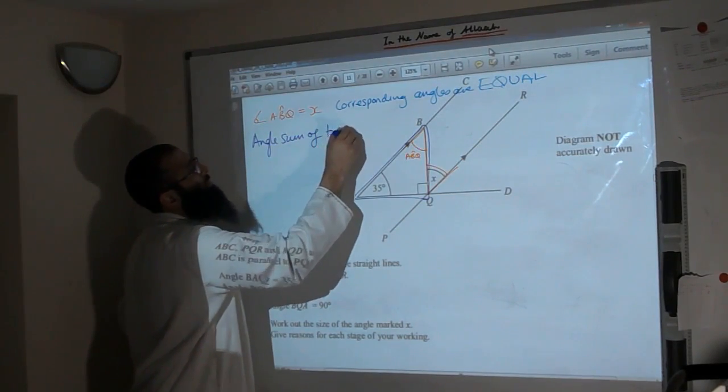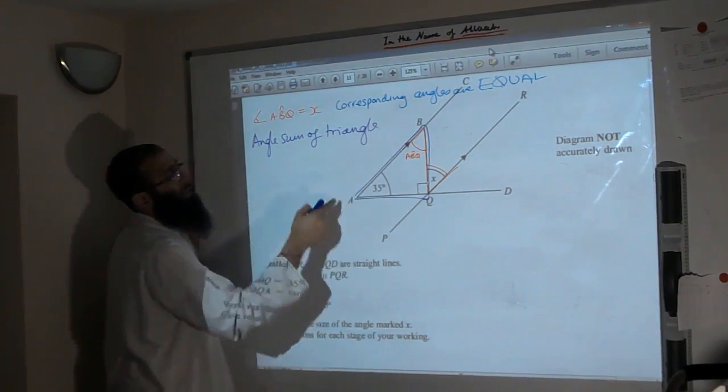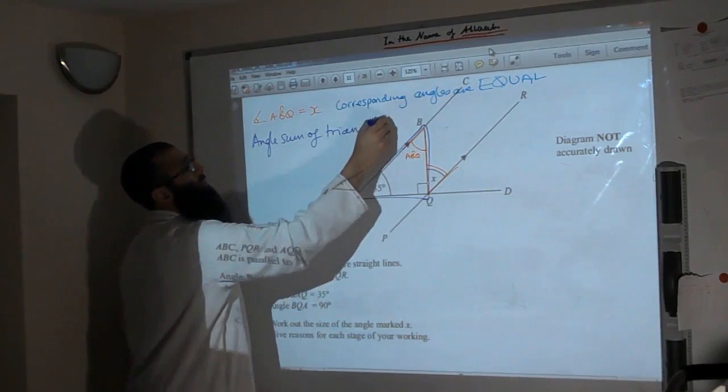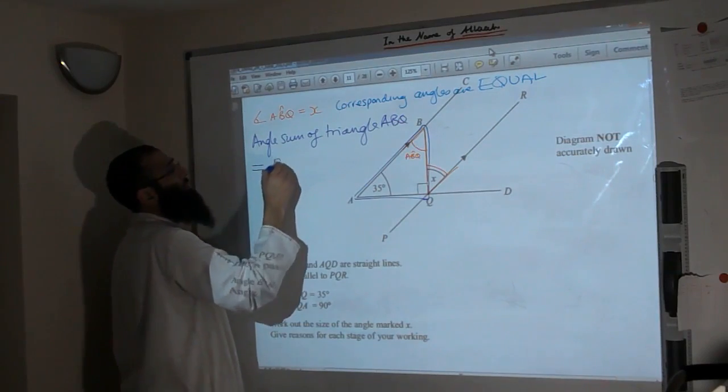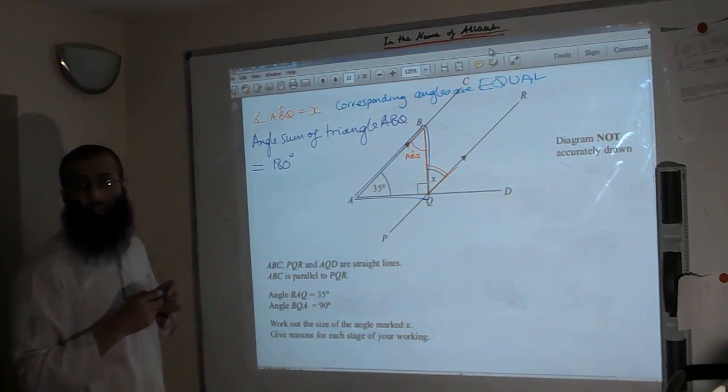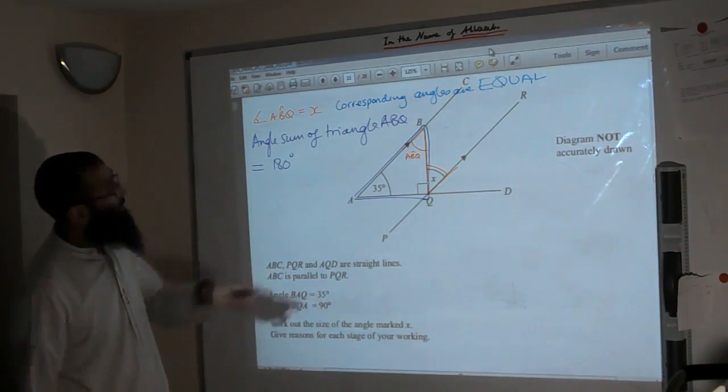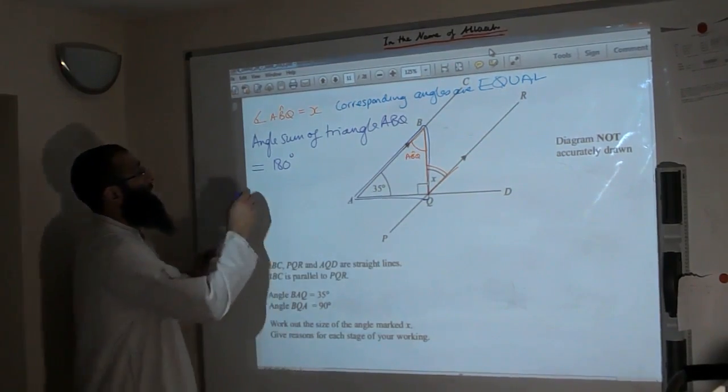So angle sum of triangle ABQ is equal to what? 180. Okay, so this triangle has 180.